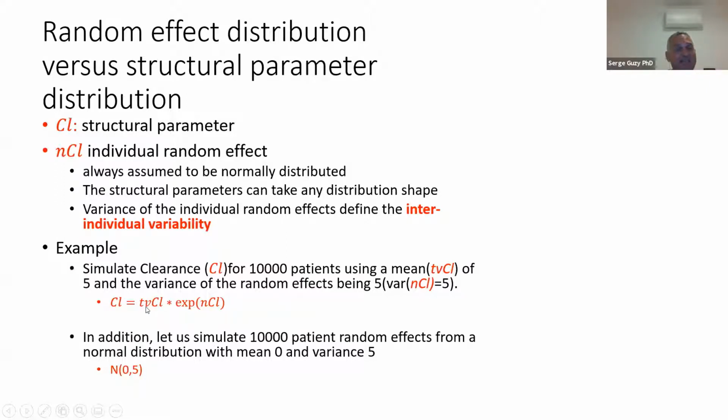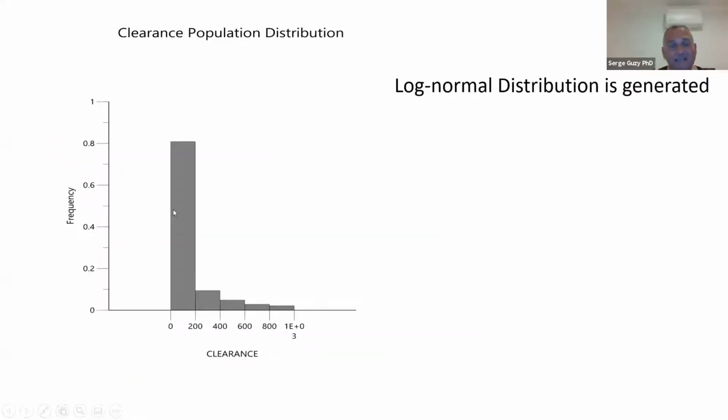I know TVCL equals 5. I know that NCL is a sample from a normal distribution with a mean of 0 and a variance of 5. Then I can get 10,000 values for NCL. Each value that I'm getting, I put in the exponent domain, and then you can see that I'm getting what is called the log normal distribution.